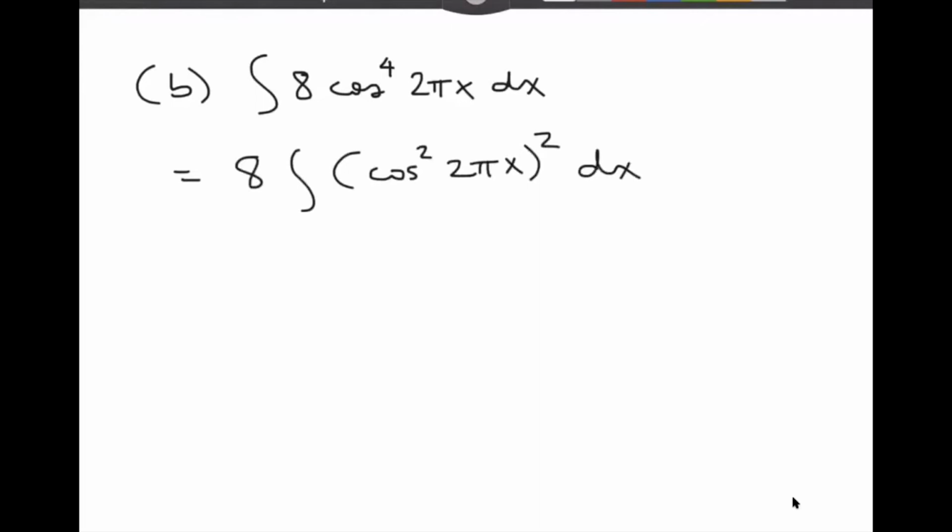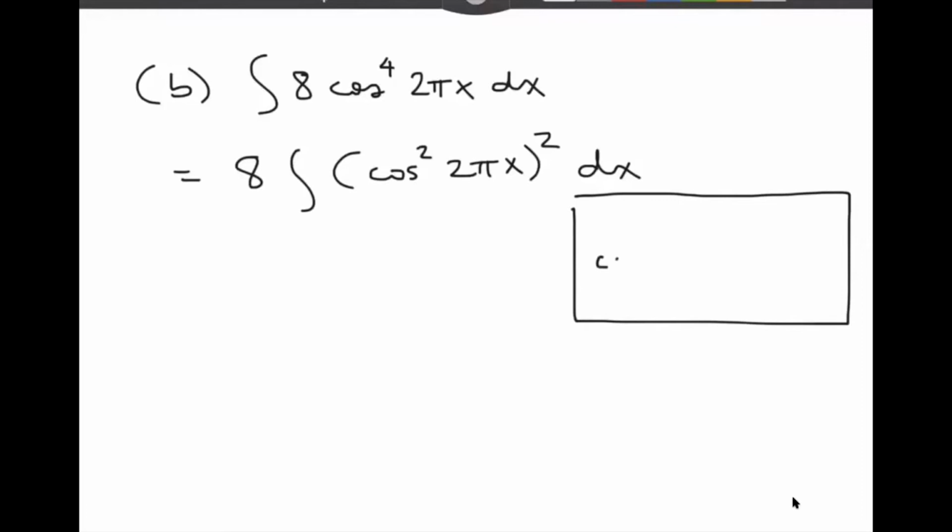All right, so let's review that identity, because sometimes people get confused with making certain types of substitutions. So the identity is cosine squared, and let's just say blank, is equal to 1 plus the cosine of 2 blank over 2.